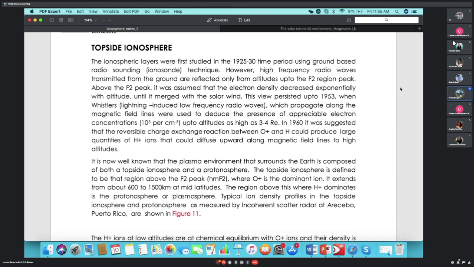If I talk about the continuity equation only, other loss process means the transport process, and in this case we are considering transport only in the vertical direction. Transport in the horizontal direction is also possible during geomagnetic storms and all. Some movement is there. So your medium, this whole ionosphere, its dynamics is controlled by these production, loss, and transport processes.